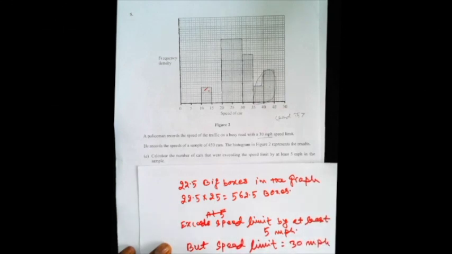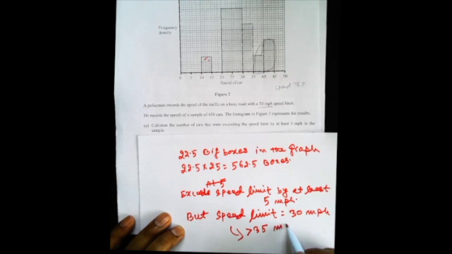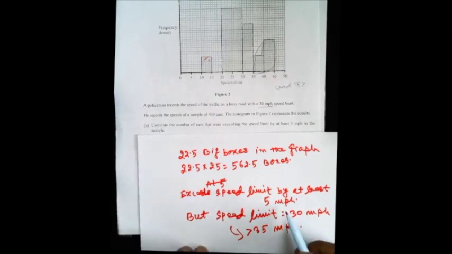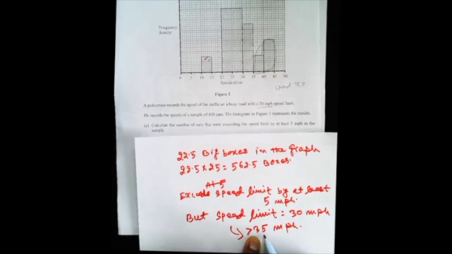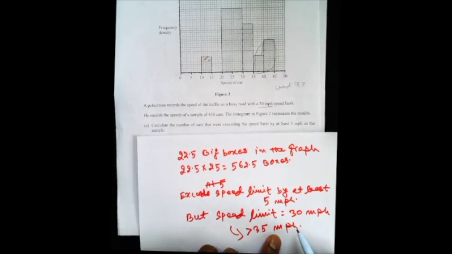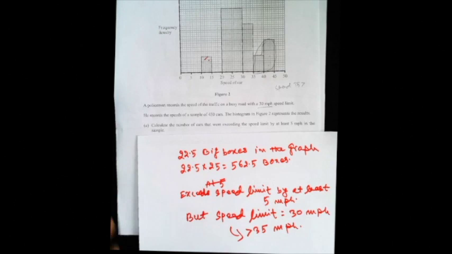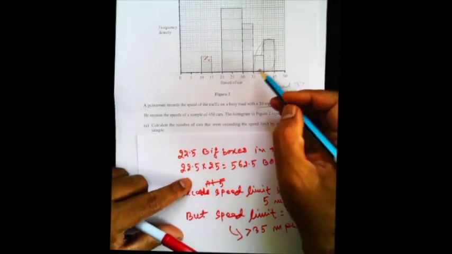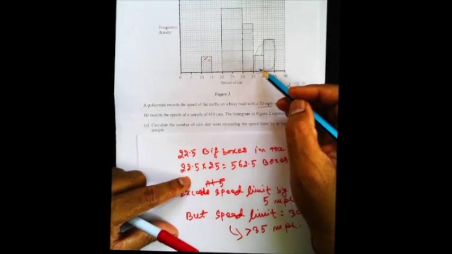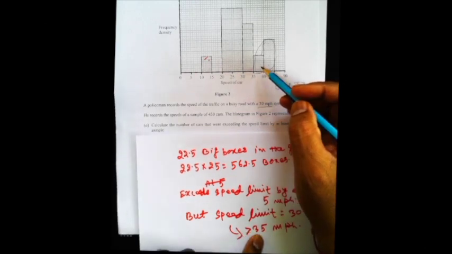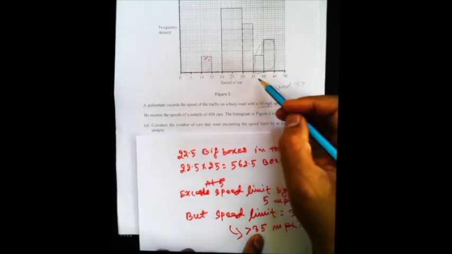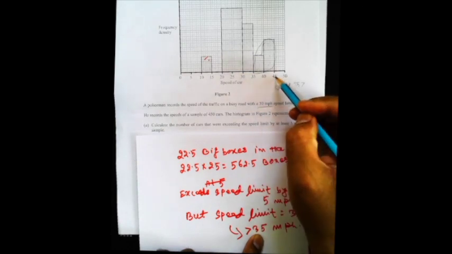That means this question is talking of 35 miles per hour or greater. How many cars have speeds of at least 35 miles per hour? In that case, you have to go to the diagram and find the frequency of the cars which have a speed of 35 and more miles per hour. So more than 35 means it is 35 to 45 miles per hour.